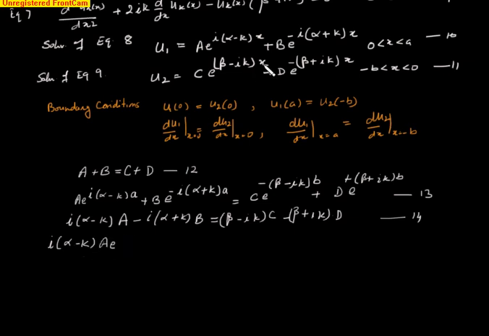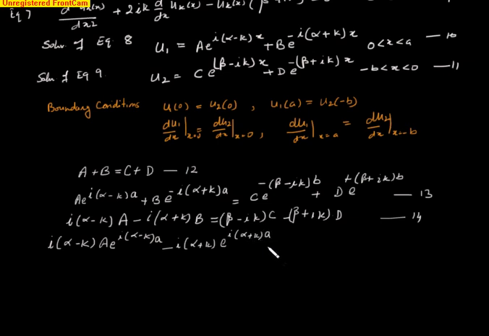Here I have to put a in this case. So (iα − k) times a plus, now this on differentiation will be the same, so I have to use a negative sign here because this negative will make it negative: (iα + k) e^(iα + k) times a.